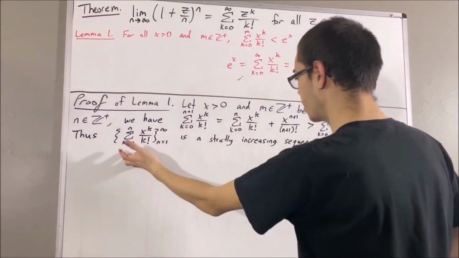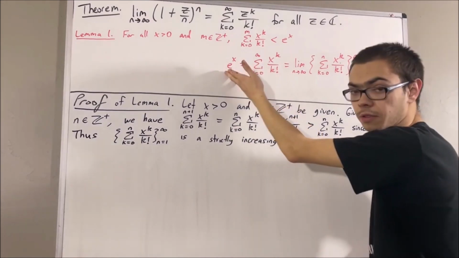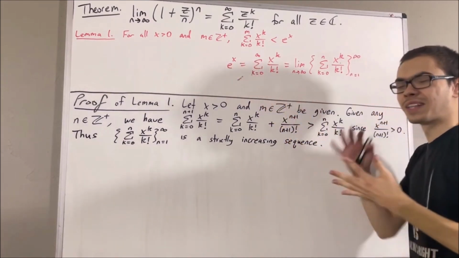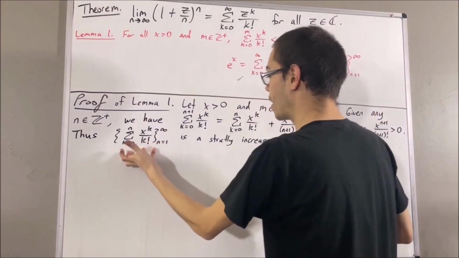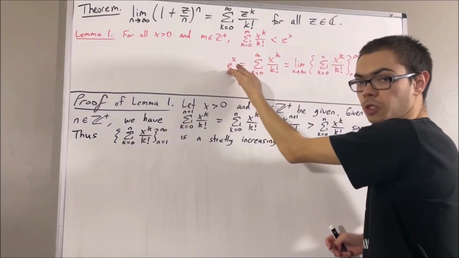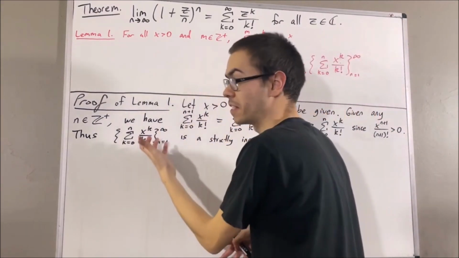So this sequence is an increasing sequence, but it's also convergent. If you recall, by the monotone convergence theorem, it follows that the value that this sequence converges to is the least upper bound of the terms of this sequence.